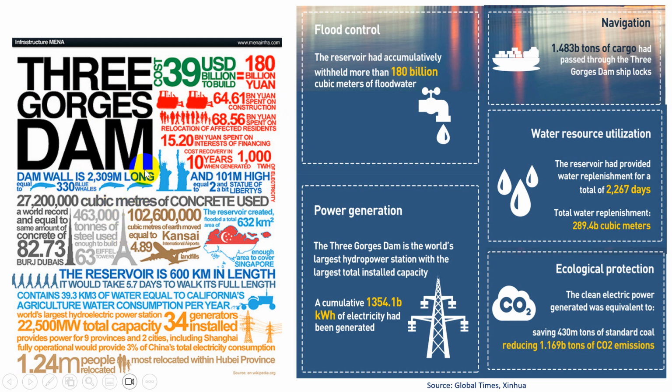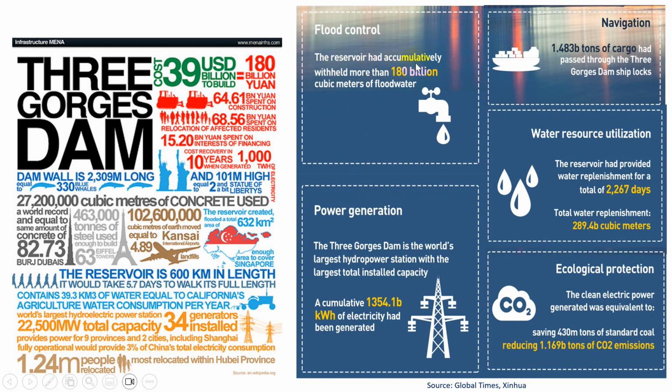Even though this dam spent a lot of cost, how about the benefit? We can consider the benefit. This is the world's largest hydroelectric power station, with 34 generators installed and 22,000 megawatts total capacity. Another benefit is flood control.